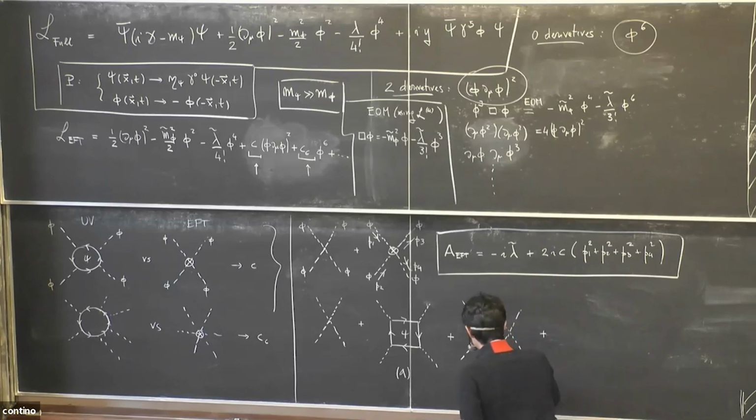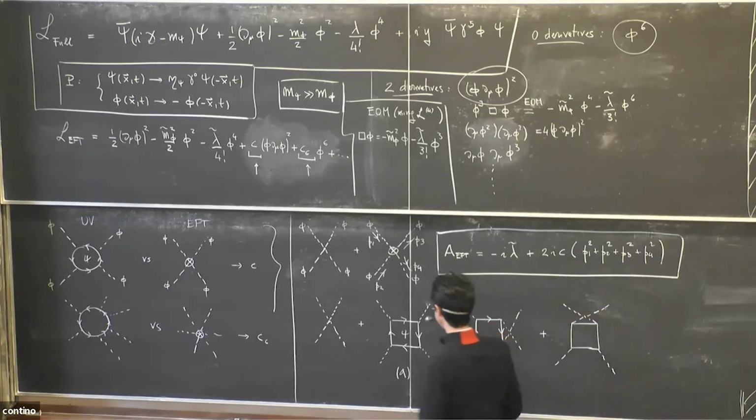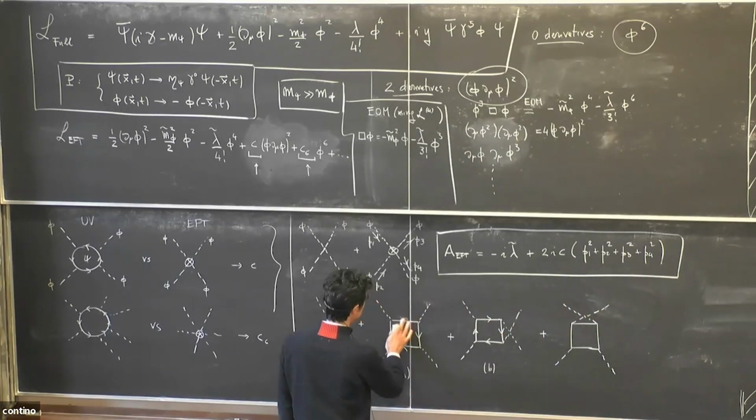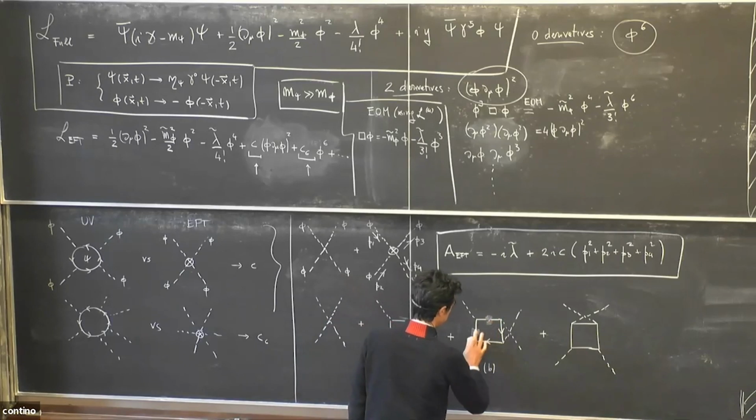And let me call this B. And then there is another diagram, another topology, where you exchange P1 with P3, with the same routing. I think I want to define the routing in a different way, sorry, just to have it the same as in my notes. So I want to have it this way.